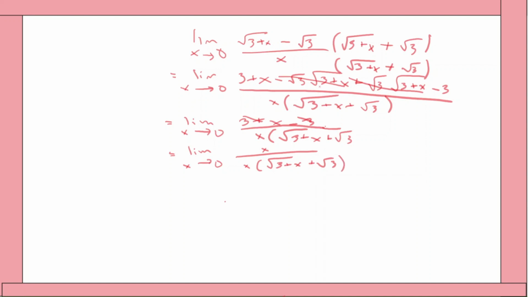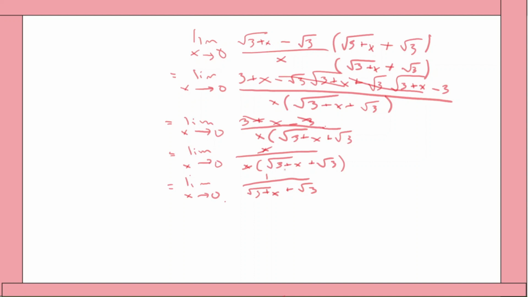Well, this is why we didn't FOIL it in the beginning, because the x's end up canceling themselves out as well. And if you recall, the x was actually the problem, because we can't have the x being a 0 multiplying everything on the bottom. So now we just have a 1 over really everything we originally multiplied: the root 3 plus x plus the root 3.